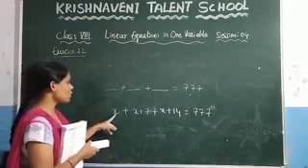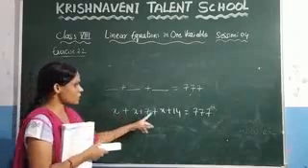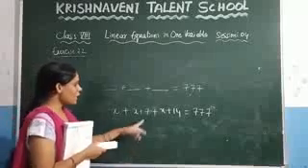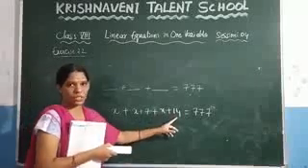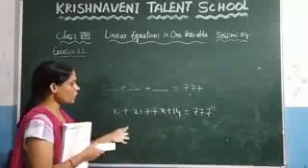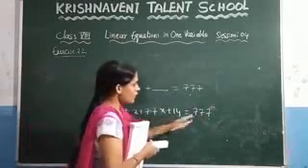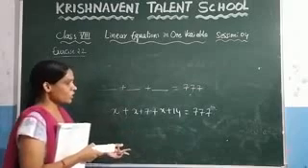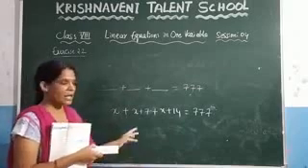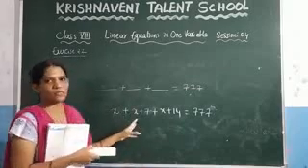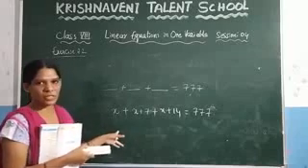How do you solve? Just you need to add the variables, which is x plus x plus x, which is 3x, and add the numbers. You will get 7 plus 14, which is 21. Now take 21 to that side. If you subtract 21 from 777, what you will get? You will get 756. And after that, if you divide 756 by 3, you will get 252.